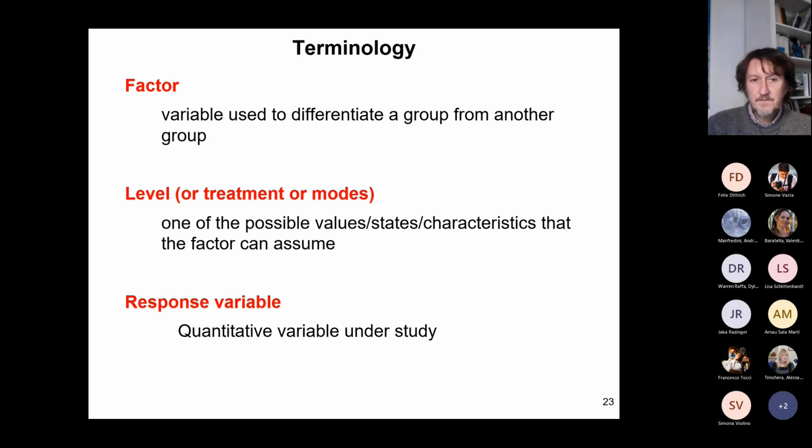The levels of the factor are the possible values, states or characteristics that the factor can assume: cultivar 1, cultivar 2, cultivar 3. The factor is cultivar, the levels are 1, 2, 3. And the response variable is the quantitative variable under study. So in this case, the weight of the apples. Okay.